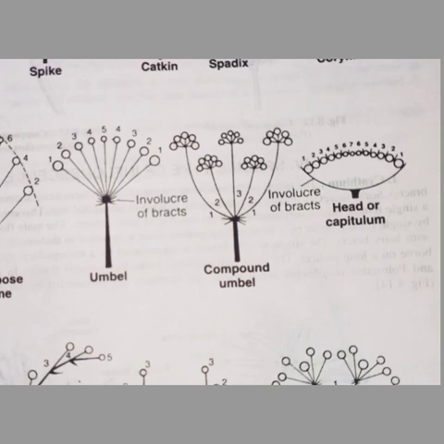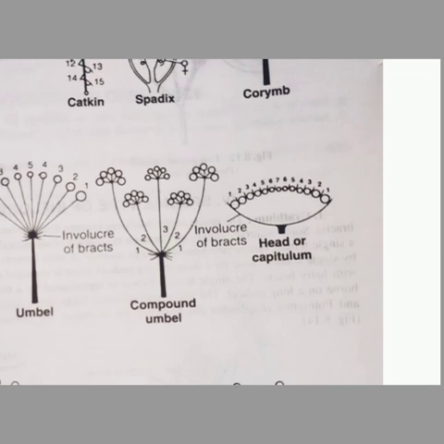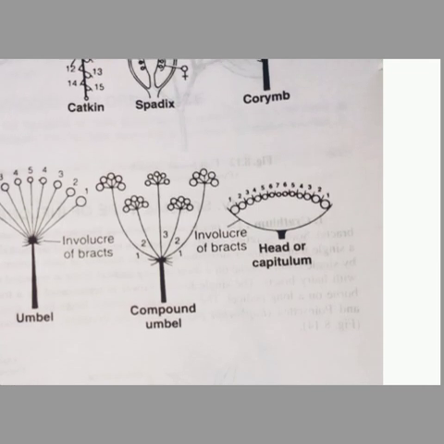In case of the umbel, you can observe that the peduncle is very much condensed and the nodes are compactly arranged, so the origin points of the flowers or the pedicels look similar, but actually that is not so.